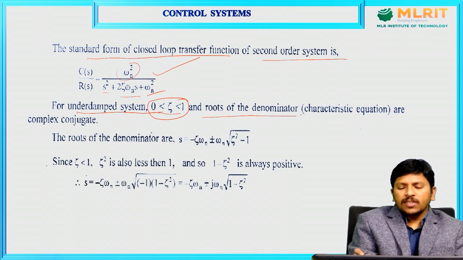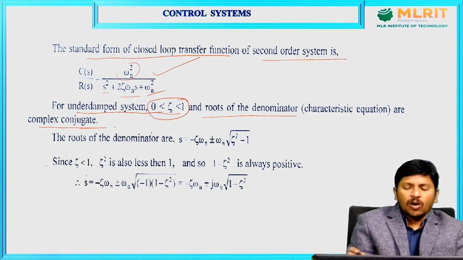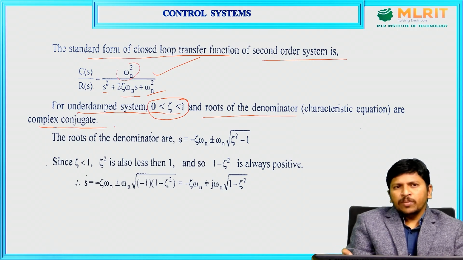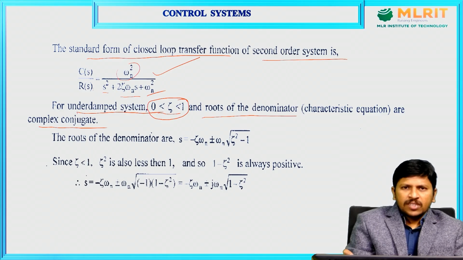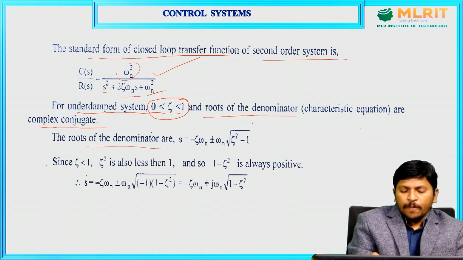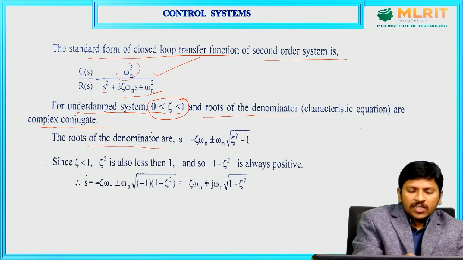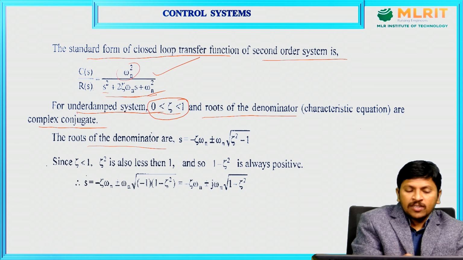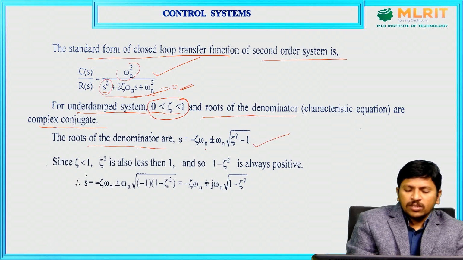The roots of the denominator, that is the characteristic equation, of the underdamped system are complex conjugate. I solved this in the previous session also. The characteristic equation is s square plus 2 zeta omega n s plus omega n square equals 0. Since the order is 2, by using the quadratic equation we get the roots.